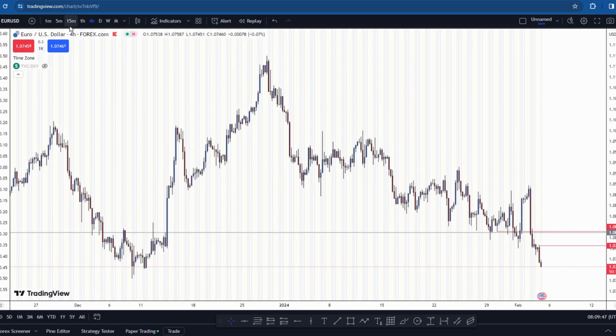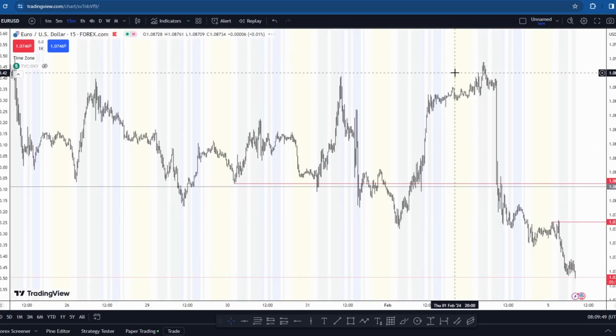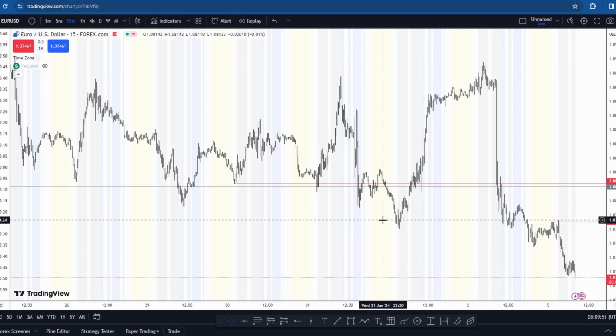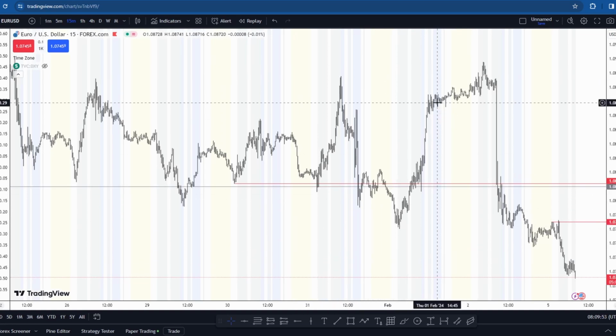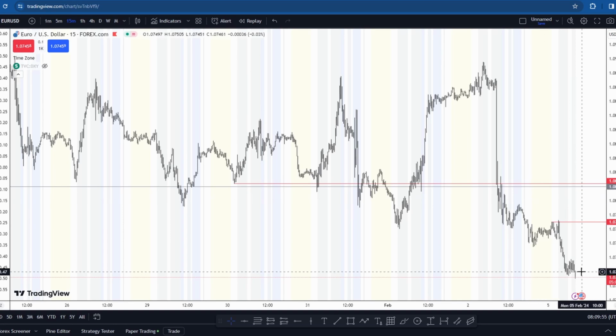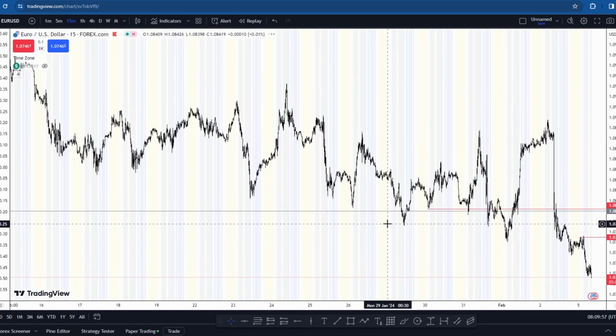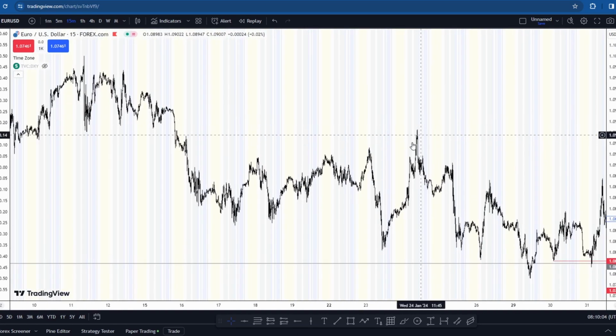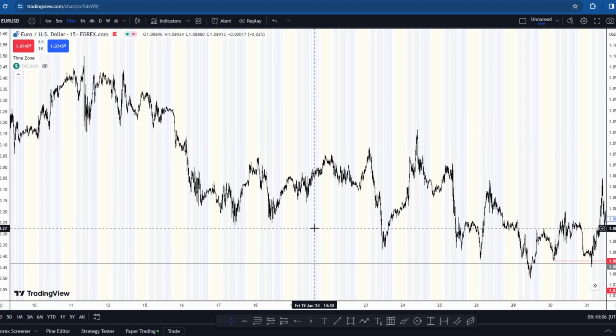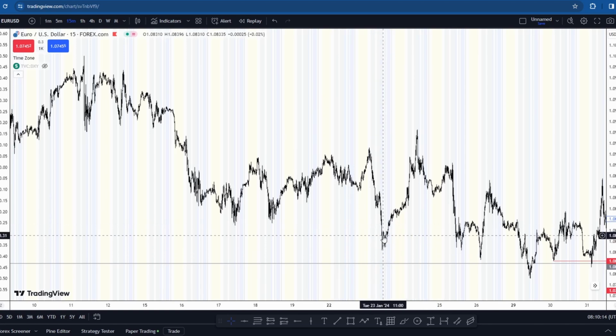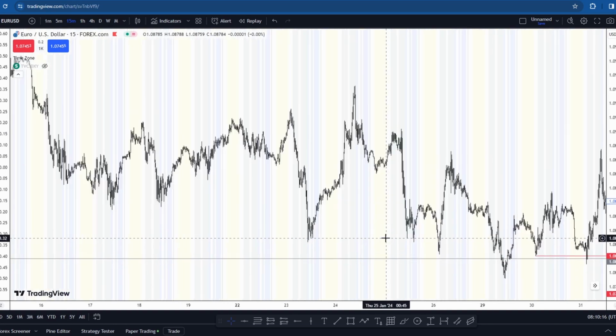So on the 15-minute time frame we will look for buy side liquidity only, not the sell side, because the sell side will give you a scalping entry, not a long-term entry. I hope you understood. You have to go with the order flow. Look at over here, in a bearish order flow, if you take a buy from sell side liquidity, you will just get a small scalp or a small trade.